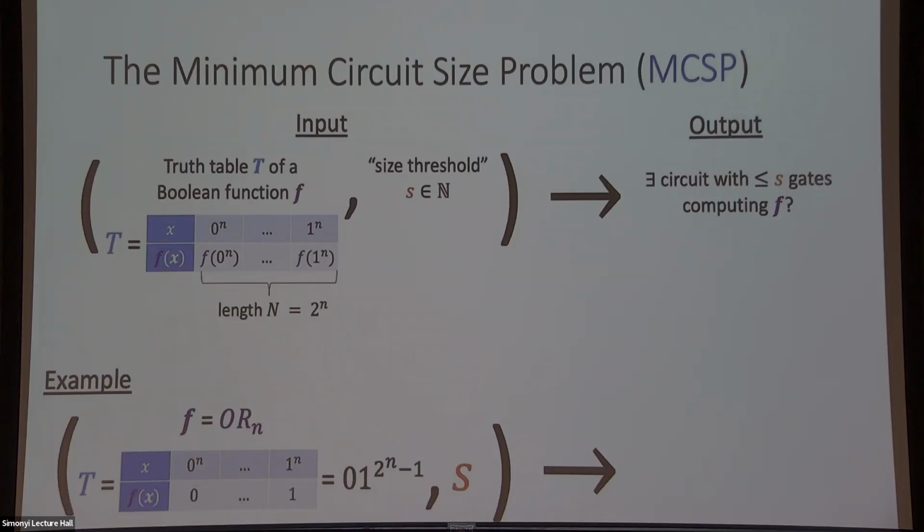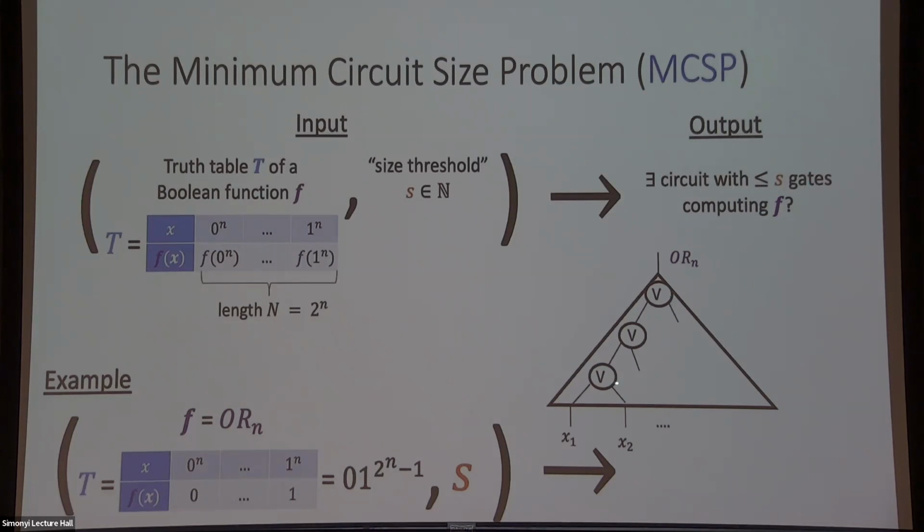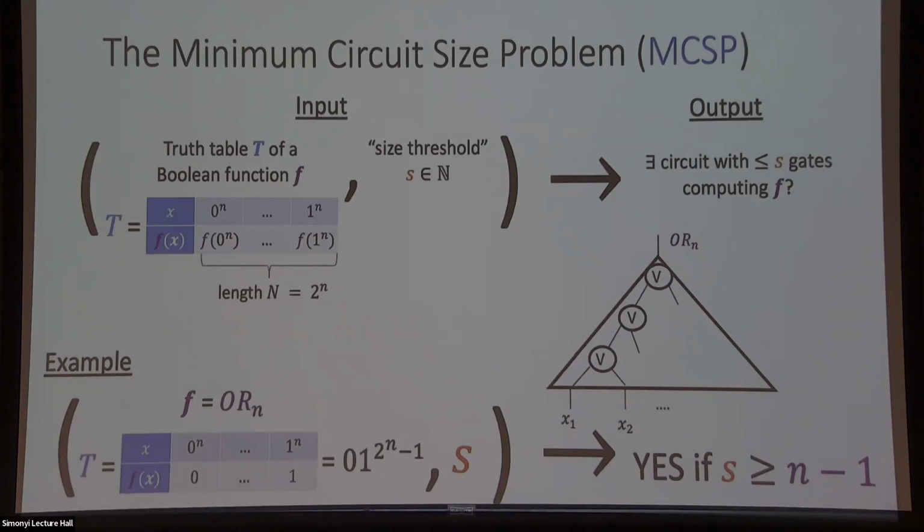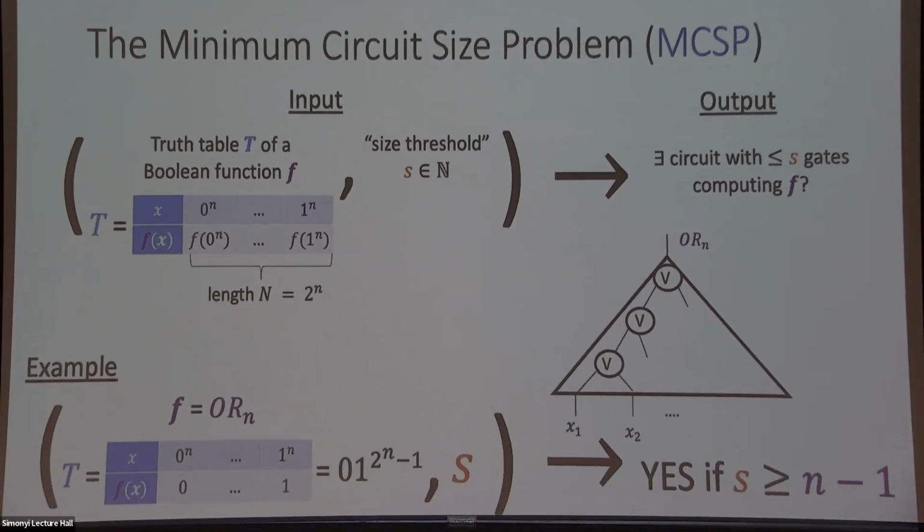And you get some size threshold S. If you consider your circuits to be the usual type of circuits with OR and NOT gates, you can design a circuit for this OR function very simply by just taking the OR of a bunch of stuff. You output yes if this is greater than or equal to n minus 1, otherwise you output no. Hopefully it's clear.